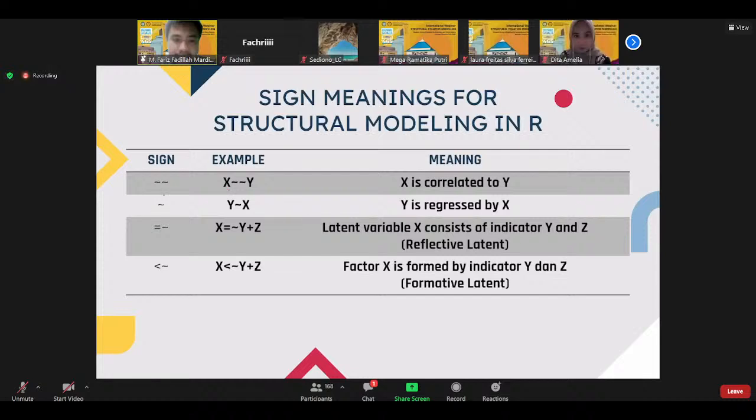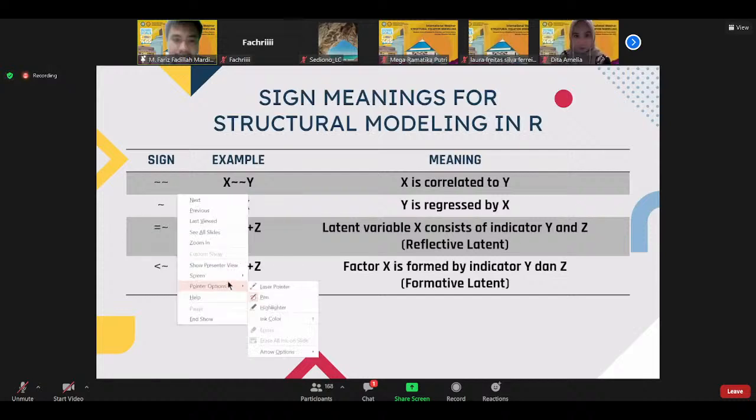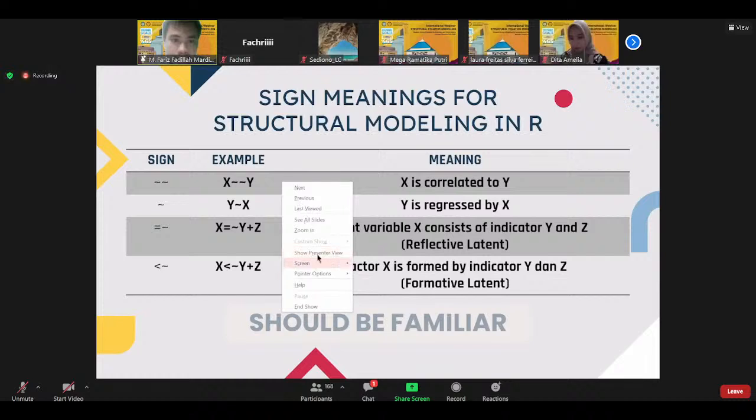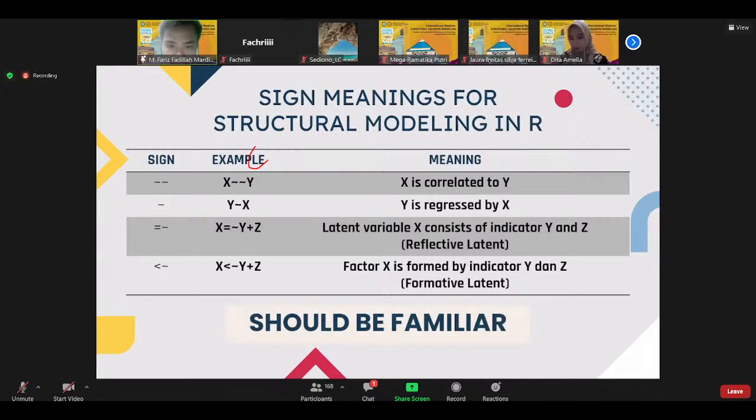This is some symbols. Okay, in this case, X is correlated to Y. X is the independent variable. Y is the dependent variable in this case. X can be mentioned as the exogenous and Y as the endogenous variable.